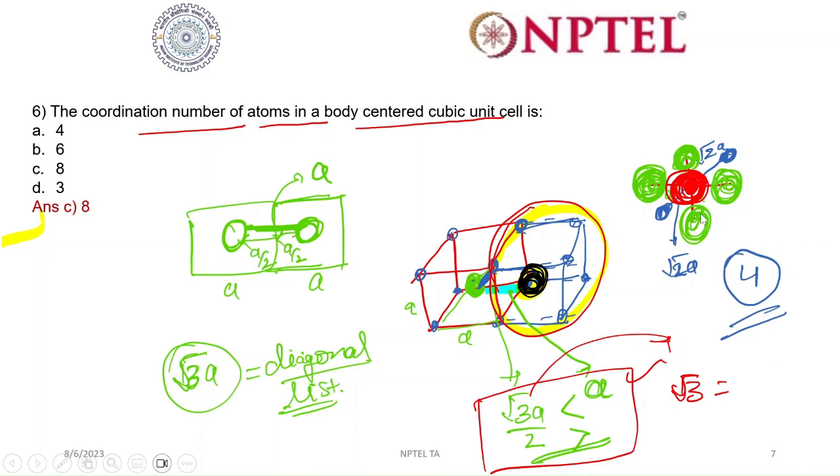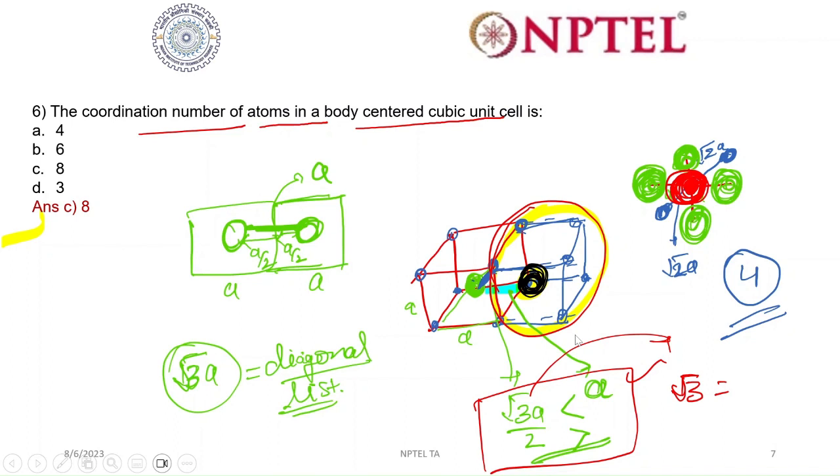Similarly, we can find the body center of the unit cell, which has a smaller distance to the adjacent cells. So the answer is 8.